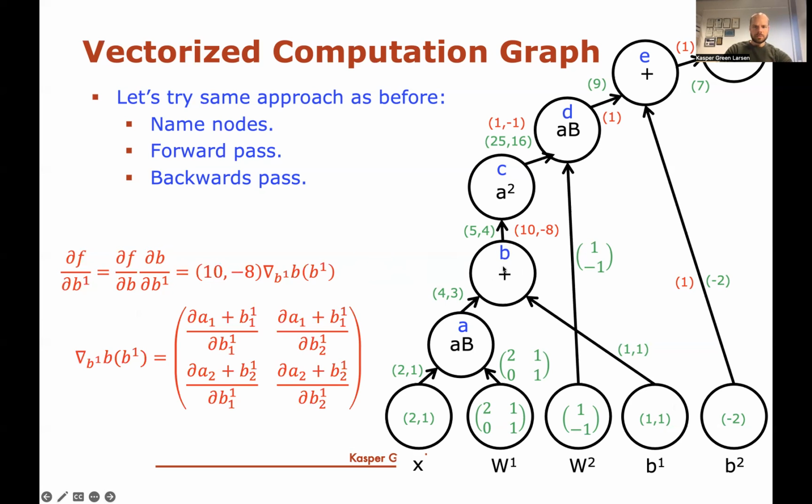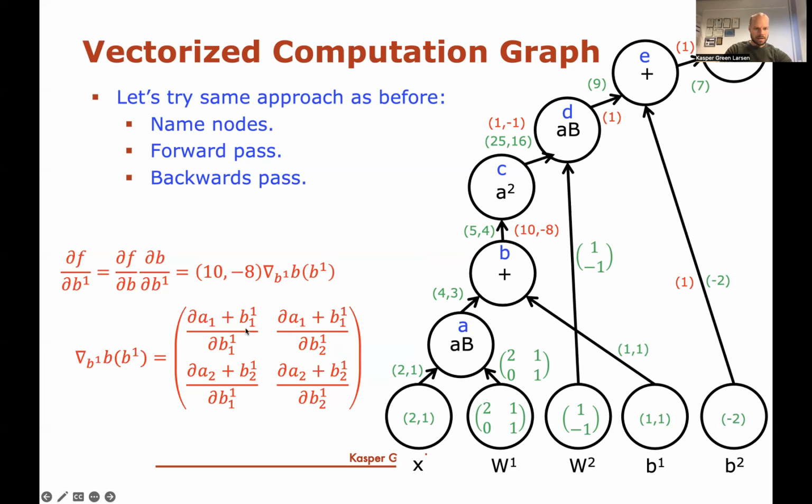And the function that it computes, the first output, the first value here is the first entry of the a input plus the first entry of this b1 vector. All right, so then we take partial derivative with respect to the two different variables, the first entry of b1 and the second entry of b1. And the second output is the second entry of a plus the second entry of b1. So this is the matrix that we have to compute partial derivatives of.